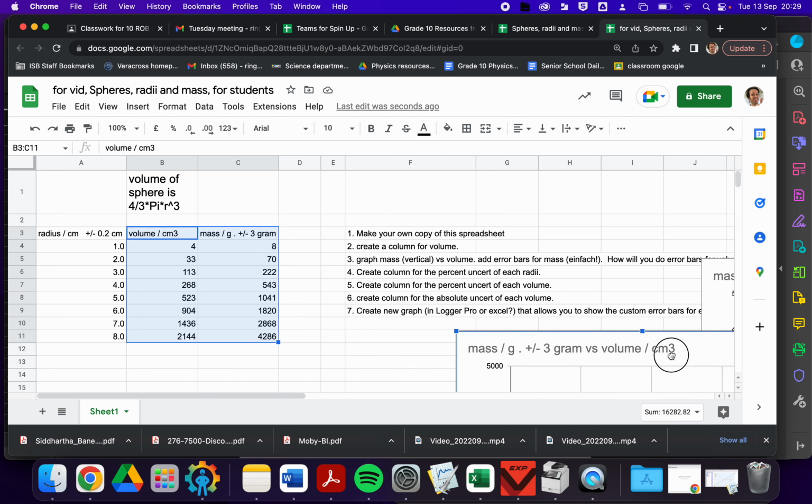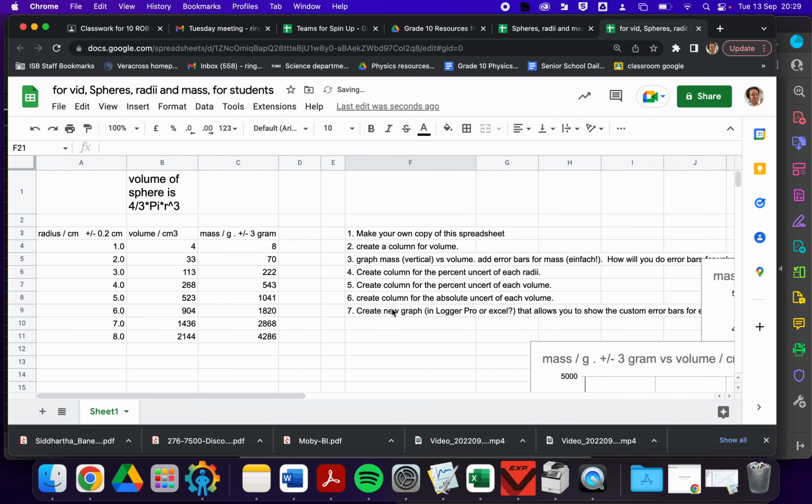But I need to be able to deal with my uncertainty. The mass uncertainty is actually going to be really tiny, so let's ignore that. The radius uncertainty is significant. So I'm going to need to deal with the percent uncertainties of the radius because it then gets cubed.